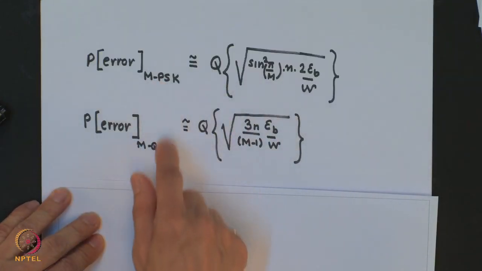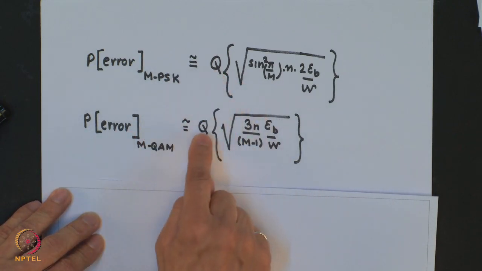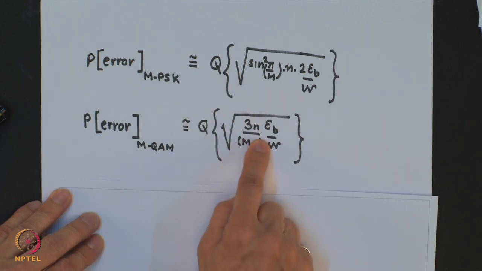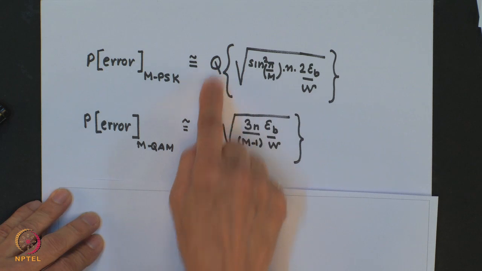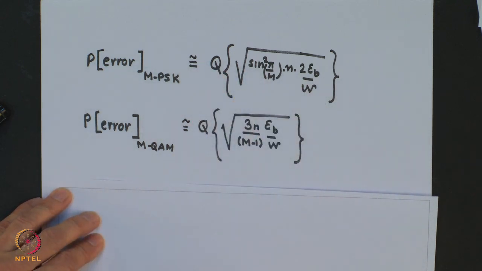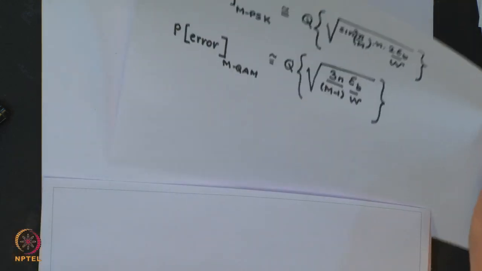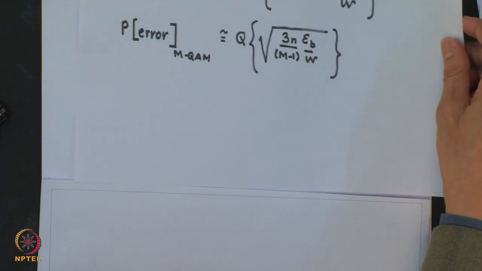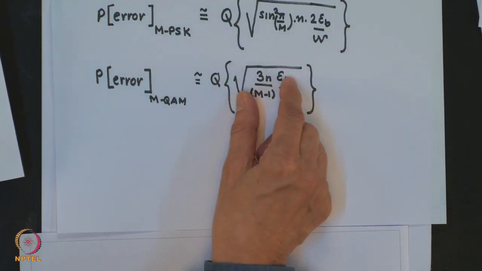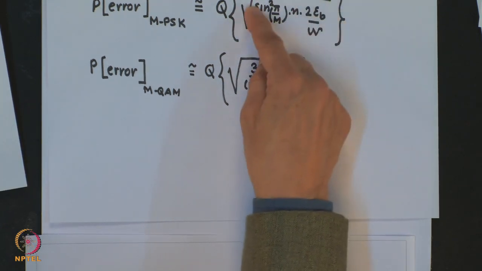Now, since the error probability is dominated by the argument of the Q function, one may simply compare the squared arguments of these Q functions for the two modulation formats, and the ratio of these two arguments is defined as Km. So, we will take the square of this and divide it by the square of this quantity.